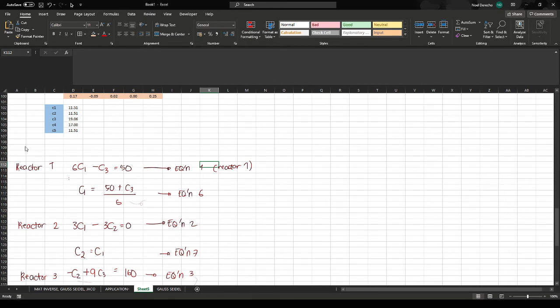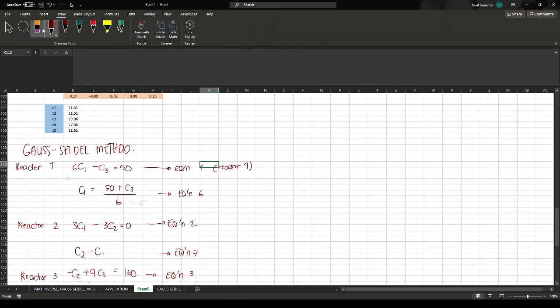This is the Gauss-Seidel method, no? What we really need for the Gauss-Seidel method is the iteration equation, so that we can create a table.